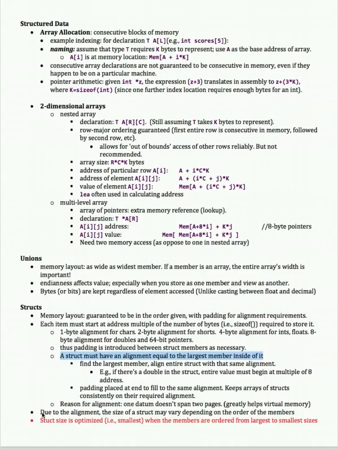Okay. So due to this alignment, the size of the struct may vary depending on the order of members. In other words, depending on the order of members, the amount of padding or dummy bytes is different, and therefore the size of the entire struct is different. Okay.